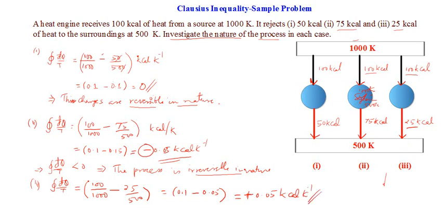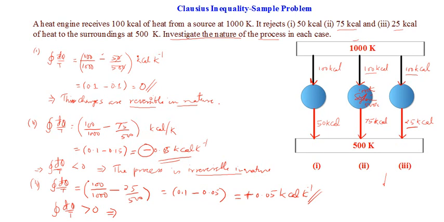You note one thing. The cyclic integral of d bar q over t for the third design of this engine is positive, greater than 0. This is what I cautioned you about earlier, where the Clausius inequality does not hold good.